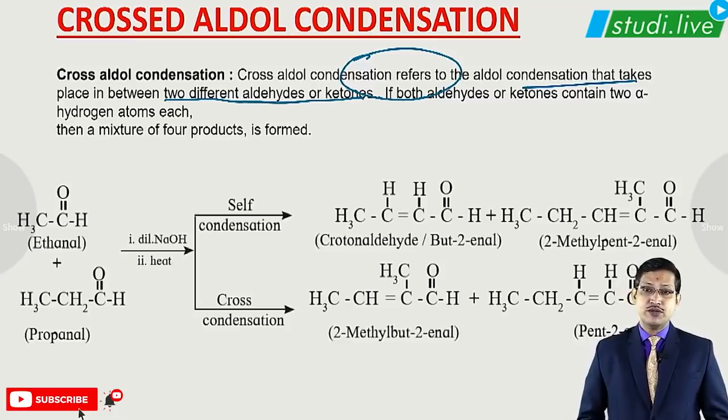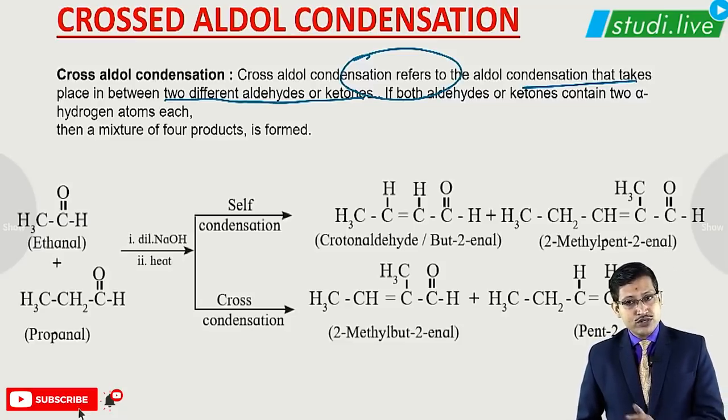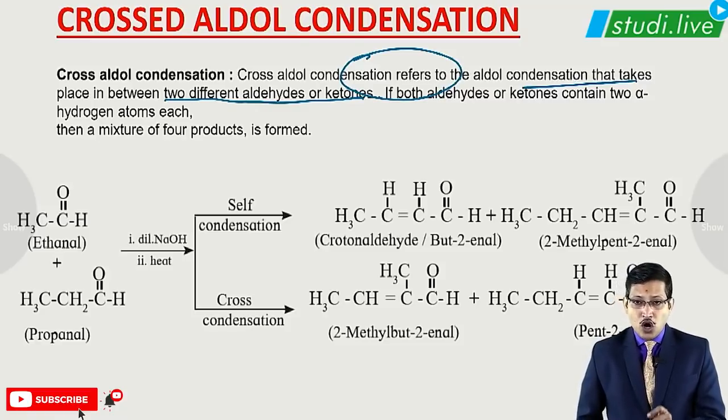Previously, when we were talking about aldol condensation, in both the examples we discussed the aldehydes or ketones were the same ones. But here it is two different aldehydes or two different ketones that will undergo the reaction, and that is what is called crossed aldol condensation.